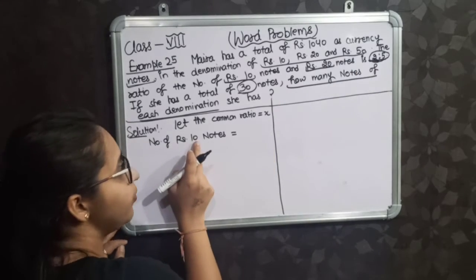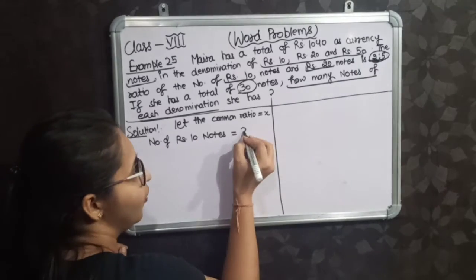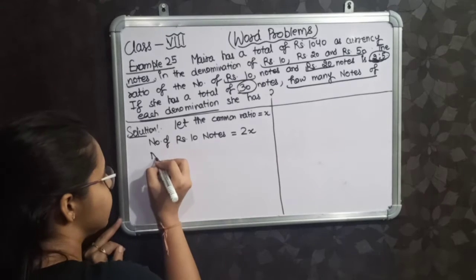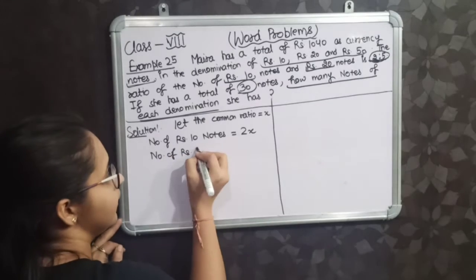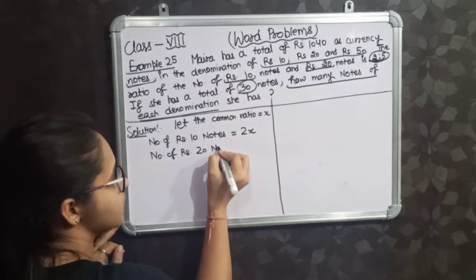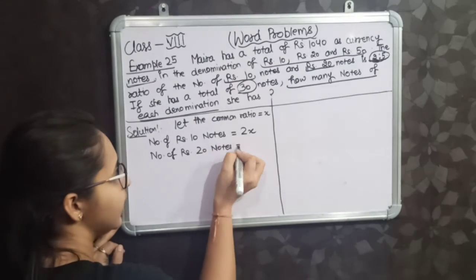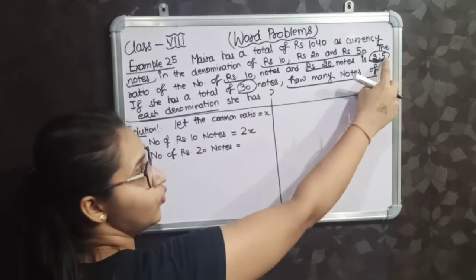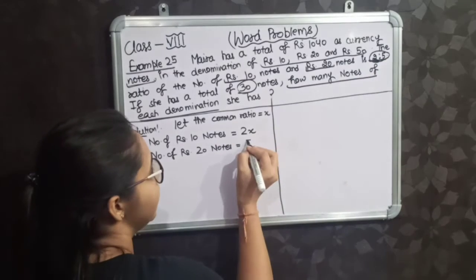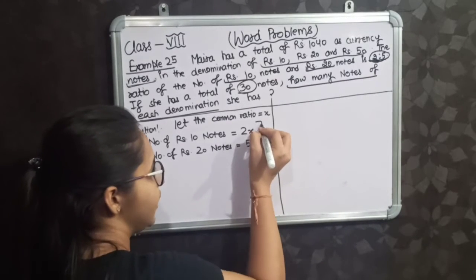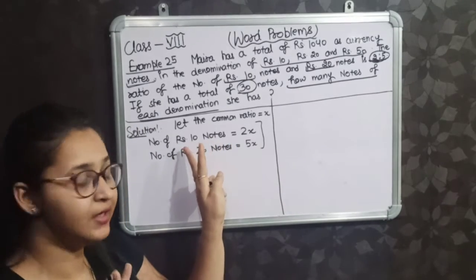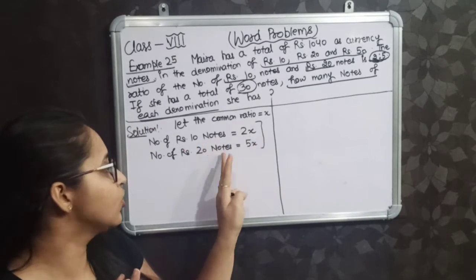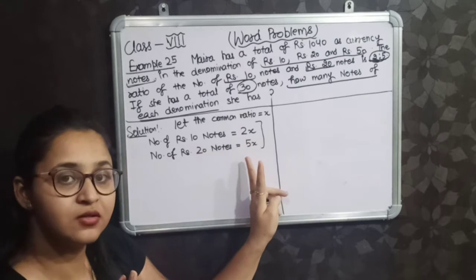So the number of rupees 10 notes will be 2x and the number of rupees 20 notes, the ratio for rupees 20 notes is 5, so it will be 5x. So now you have the notes of rupees 10 as 2x and the notes of rupees 20 as 5x.